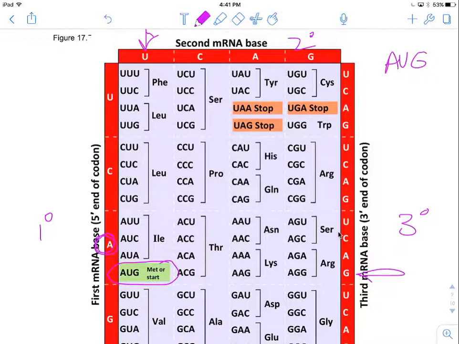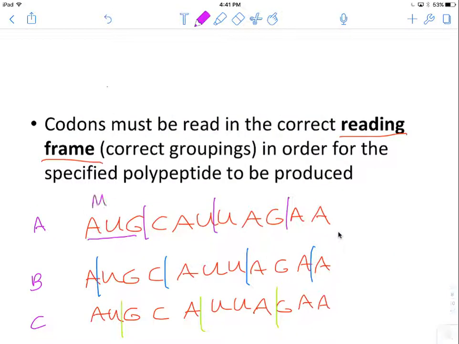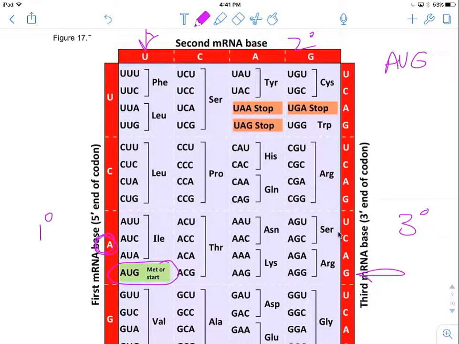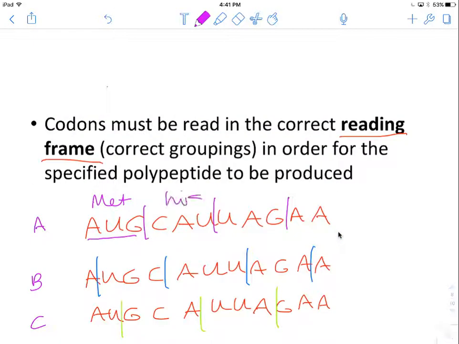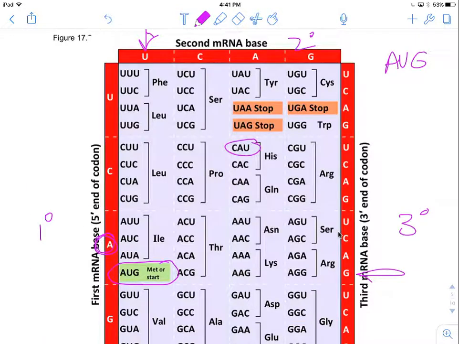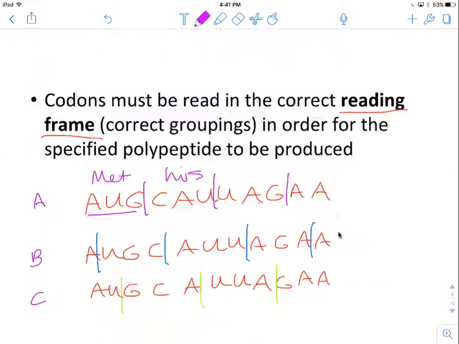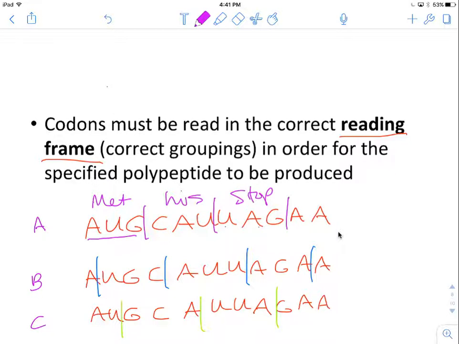It's also the start codon, which we'll talk about later. So this would be methionine. CAU is histidine. And then UAG, where's UAG? Oh, UAG is stop. So that's not good. That would be the code for group A.